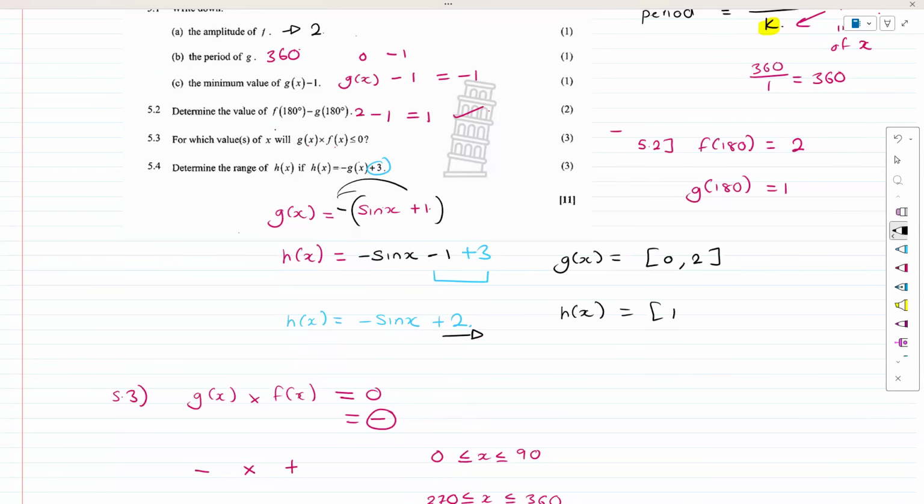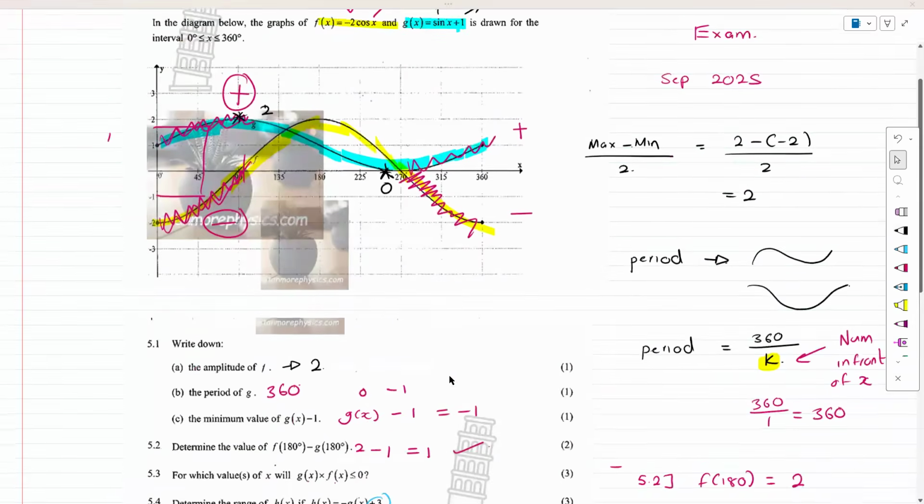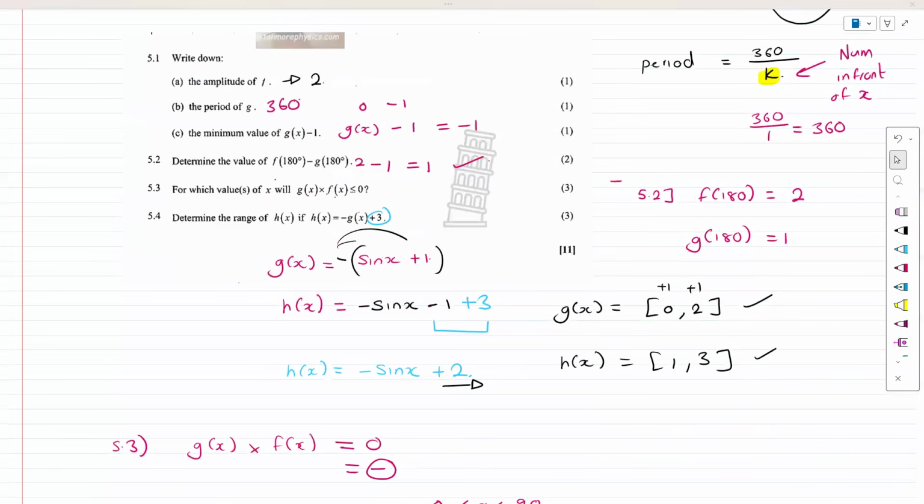So the range is 1 plus 1 to both of them and going to 3. So 0 plus 1 is 1 and 2 plus 1 is 3. And that's all there is to this question. Now, it might seem like it's difficult, but that's also because you guys didn't practice level 4 questions. So all we need is a little bit of effort this time on these questions and we'll be good.